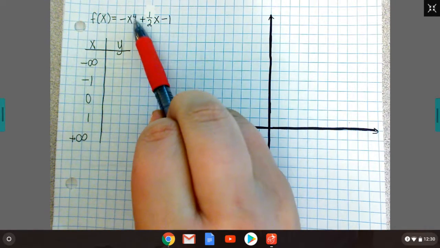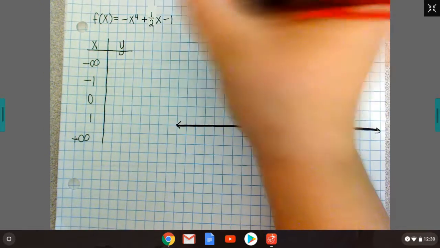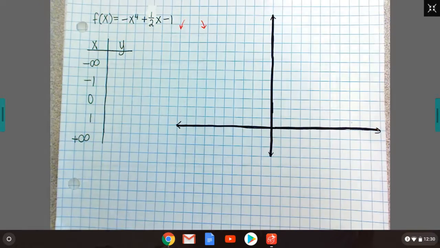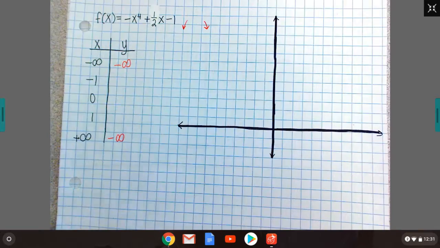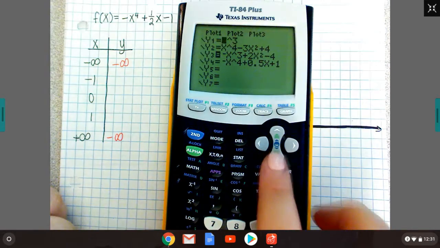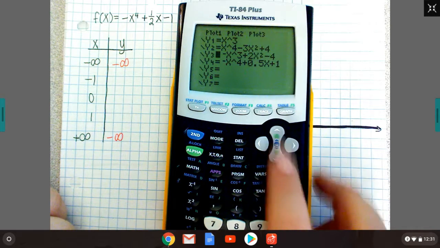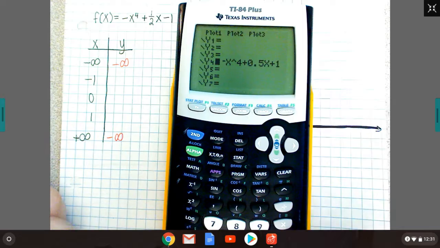Let's see, we've got an even power, so either they're both up or both down, and it's negative out front, so this is going to be a both down situation. So I know that both these are going to head towards negative infinity. From there, let's plug in our things to the table. Actually, let me just get these out of here. There we go.